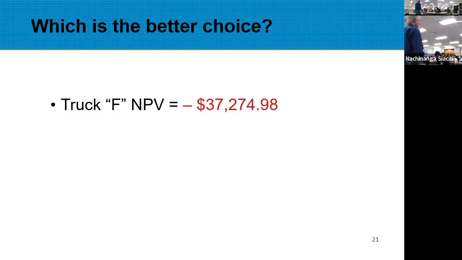Let's see, let me try to remember. IRR is the percent that makes NPV zero. Correct.